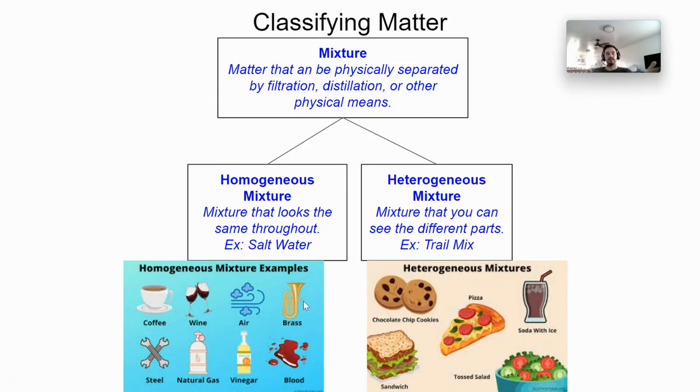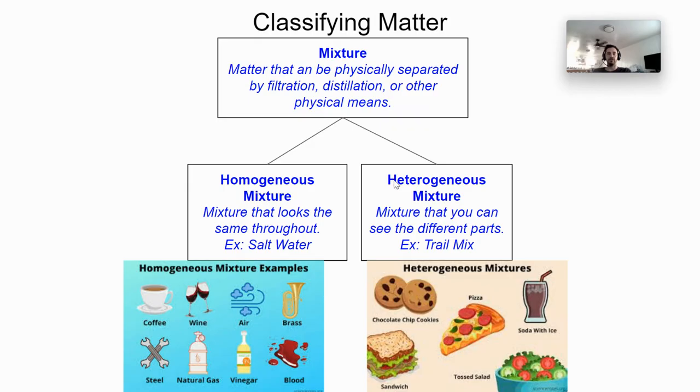Things like brass. We actually made those pennies. Remember those golden pennies? Those golden pennies were actually brass. It's a mixture of zinc and copper. It's a homogeneous mixture. You cannot see the different parts. Heterogeneous means different, so we can see the different parts.